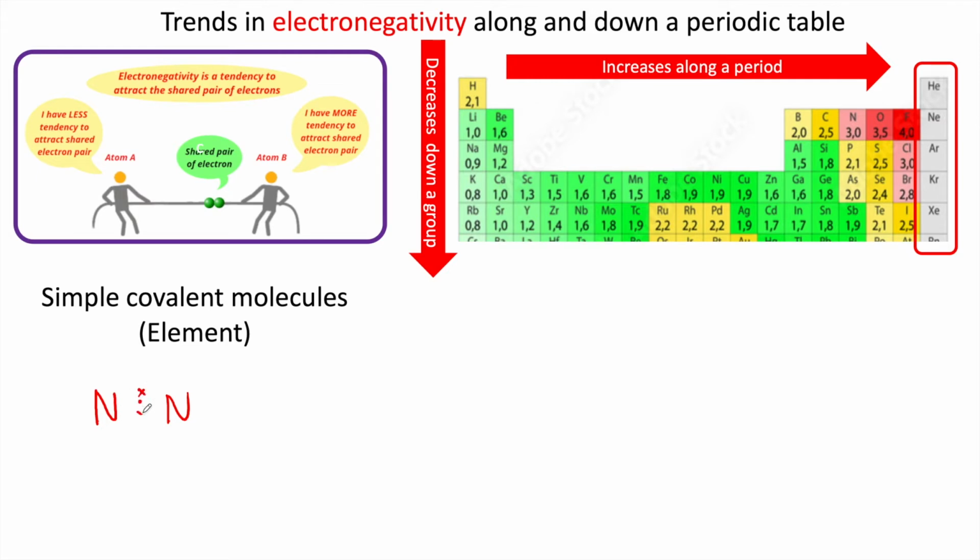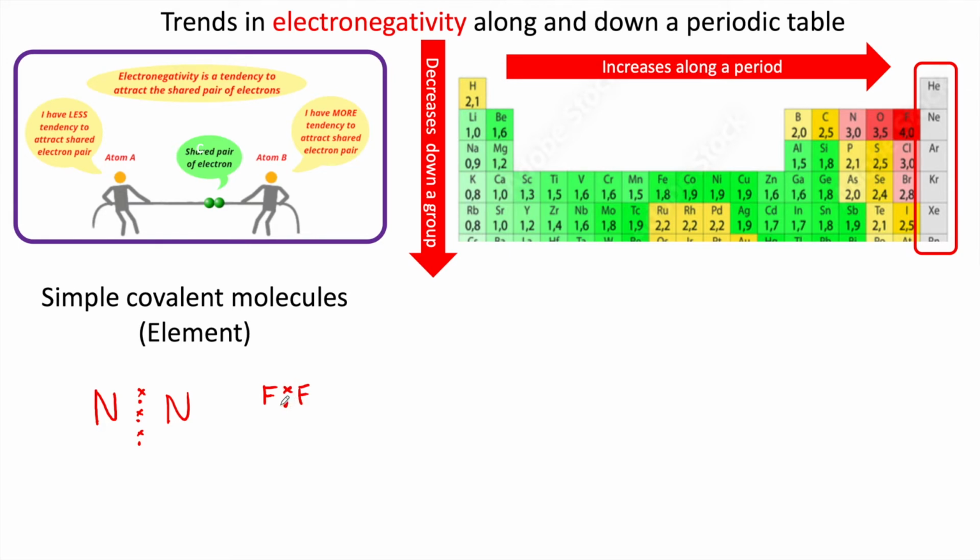So we've got 3 shared pairs of electrons for nitrogen because it makes a triple bond. If, for instance, we take fluorine, fluorine only needs to share 1 electron, and because they've both got identical electronegativities, because they're the same atom, they share that electron pair equally and it is in the center.